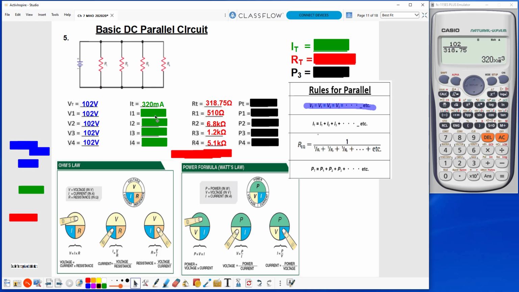So again, since I'm looking for the I, cover up the I, it's going to be V divided by R. And so I've got my 102 already in there. I'm just going to change the bottom number to 510.